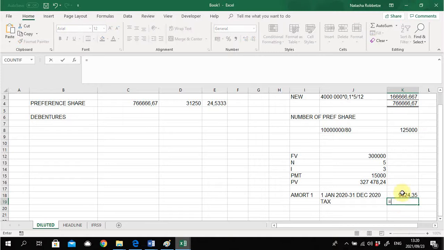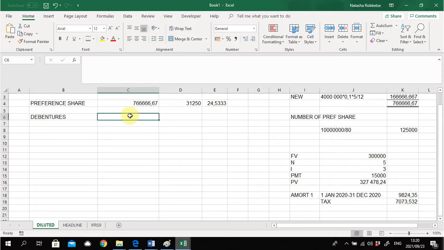So I'm simply going to take the interest times 72% to calculate the amount that would be obtained if the interest on the debentures were calculated after tax. Then going back, the debenture amount to be listed under the earnings is 7,073.53, rounded to 2 decimal places.